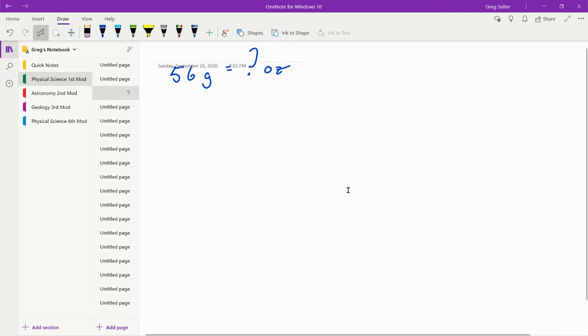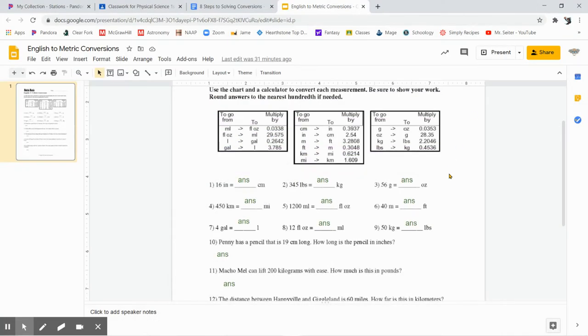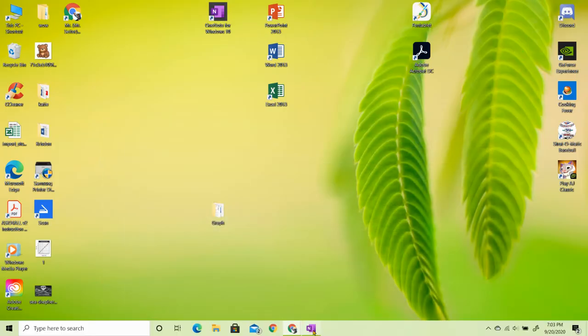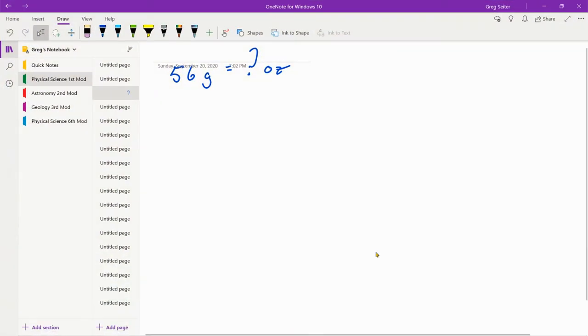Oh, I got off a little high there, but that's all right. I wasn't looking at the paper. I was looking at my drawing board here. All right. 56 grams equals how many ounces? Grams to ounces. I would rather use this. This just looks a little easier to me. Less digits. So 28.35. 1 ounce is 28.35 grams.